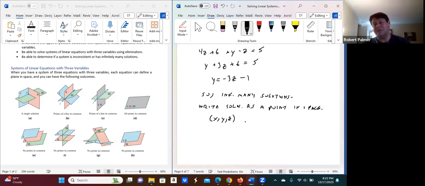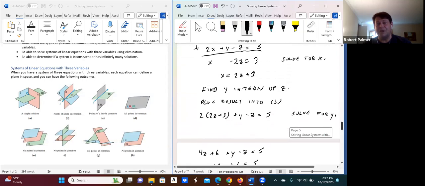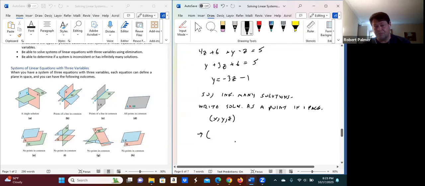So here's a point in space, x, y, and z. Now this is going to be x. We said that x and y were in terms of z. X is 2z plus 3. Y, we said, is negative 3z minus 1. And then we just have z.